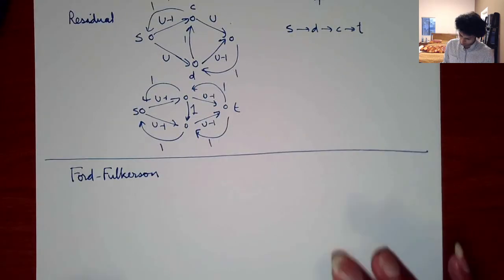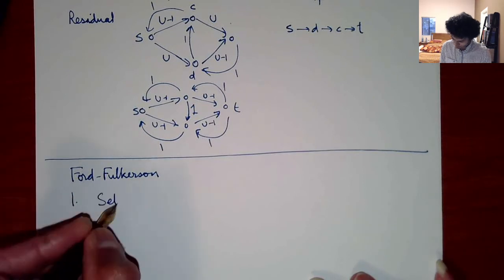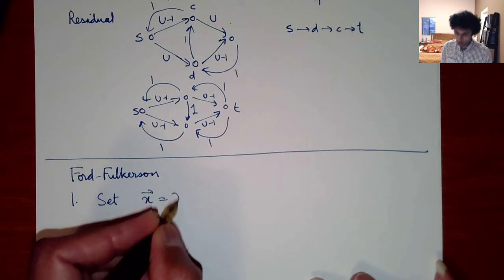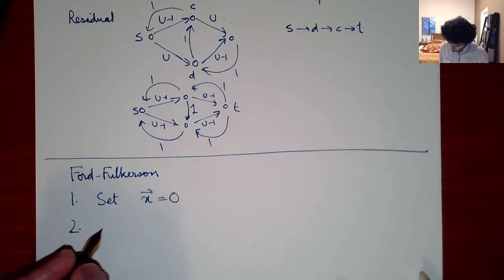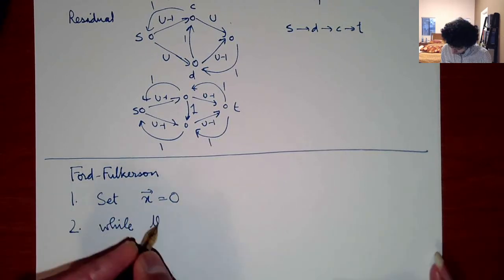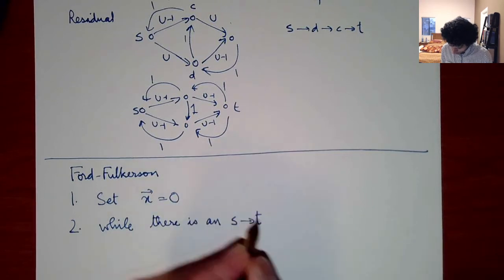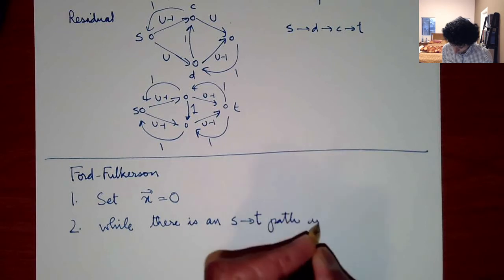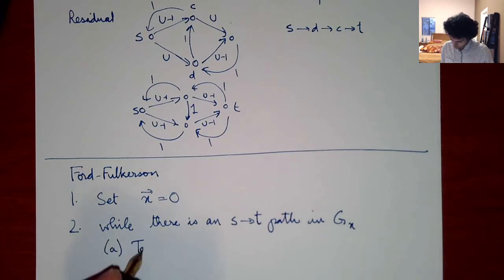The Ford-Fulkerson algorithm says the first step is you just set the flow to be all zero. This is a feasible flow. And you'll say while there is an S to T path in the residual, take that path, any path.